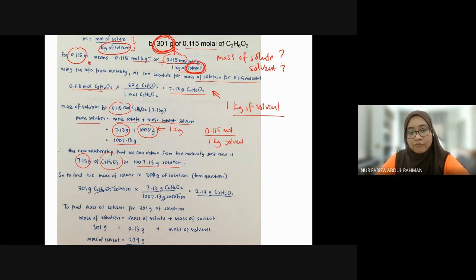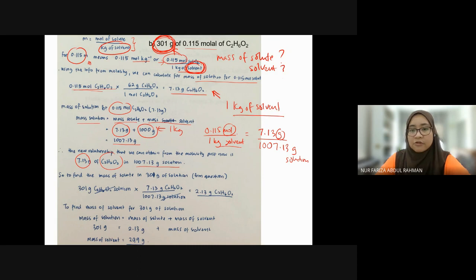All right, so when we modify this information, we can also get the modified version, which is 7.13 gram of solute. This is in terms of mole, this is in terms of gram, and the kg solvent is converted into solution. So 1007.13 gram of solution.